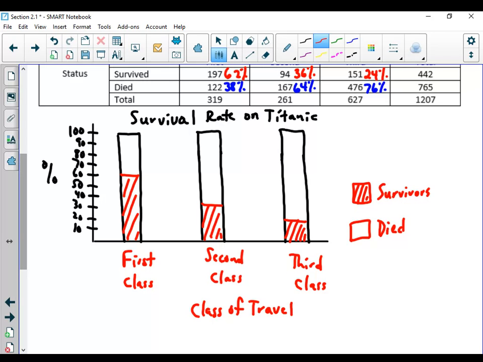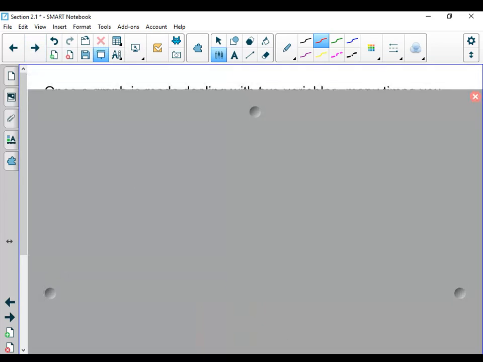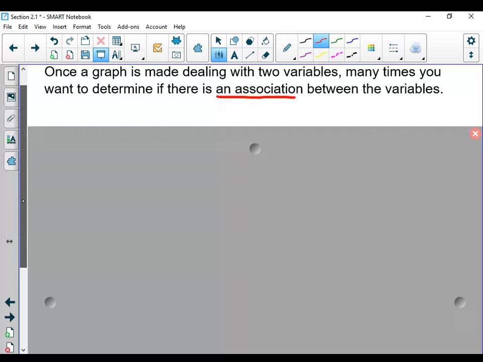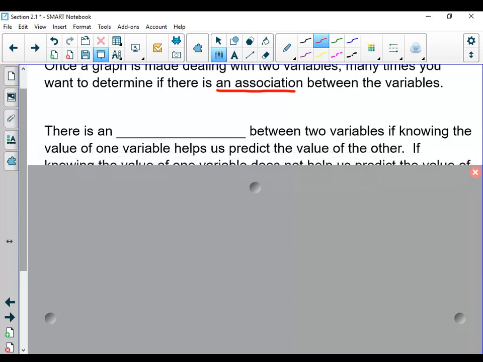The second thing for this section is once we have that graph, sometimes we want to look and see, is there what we will call an association between those variables? This is kind of the analyzing part of our graph.